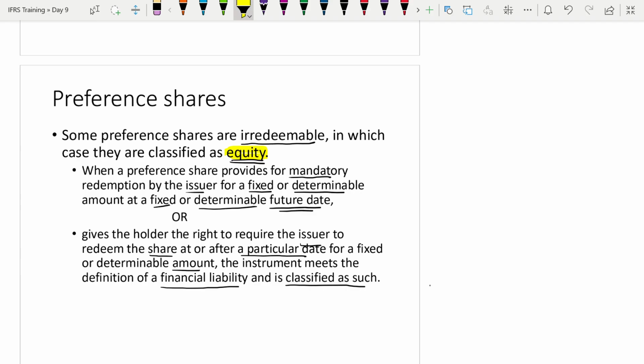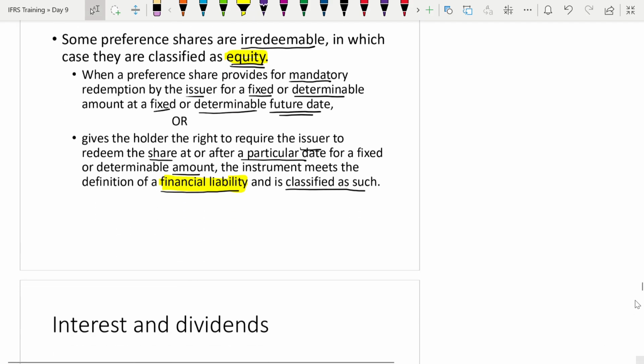When the preference shares provide mandatory redemption by the issuer at a fixed amount on a fixed or determinable date, then it is going to be classified as a financial liability. Are you clear about this?